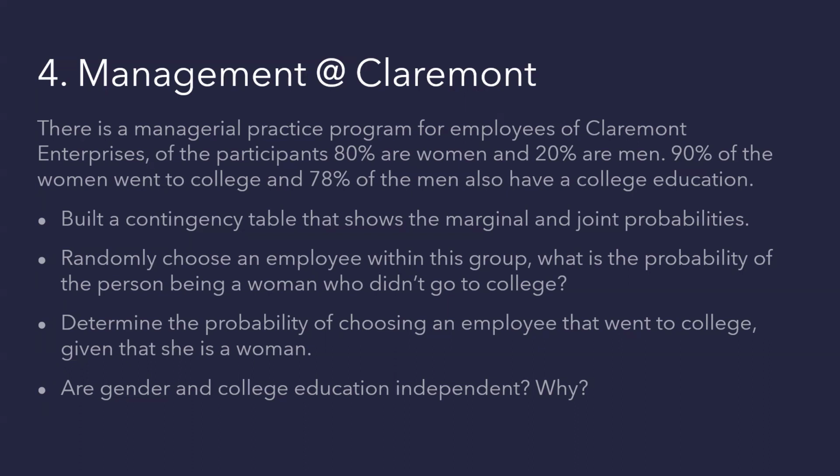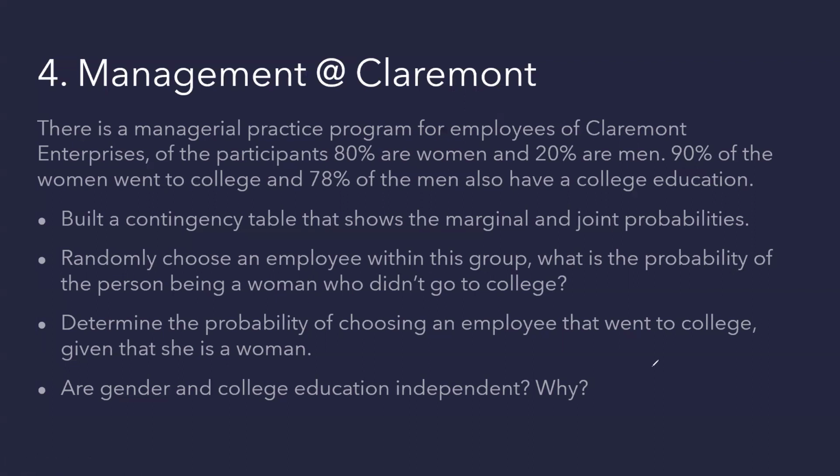Randomly choose an employee within a group. We've already done this. Determine the probability of choosing a random employee who went to college, given that she is a woman. When we use that type of vocabulary, we know that this is going to be a conditional probability.